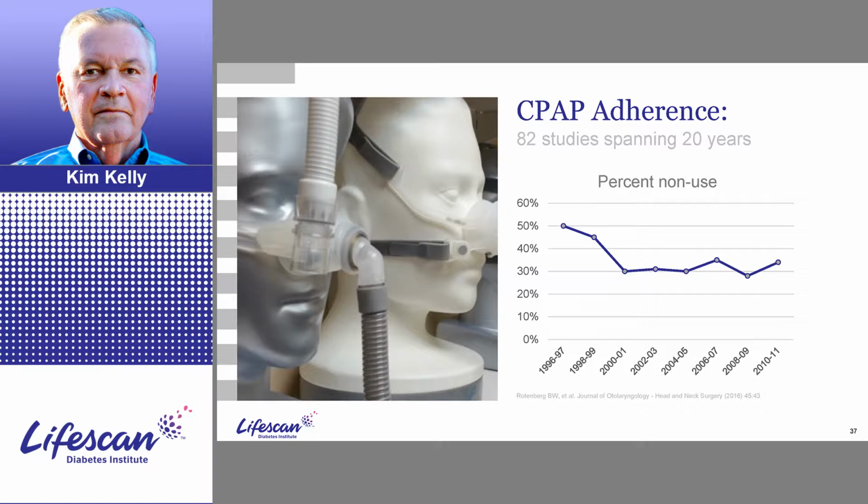And so over time, about half of patients stopped using it within the first couple of months. Over time, with improvements in CPAP, like so-called BiPAP or APAP, there's been a kind of leveling out at around 30% of people who simply do not adhere to positive airway pressure no matter what the device.